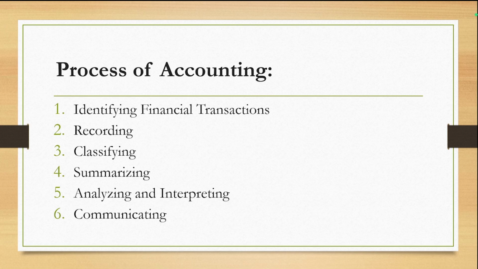ledger related to assets, ledger related to liabilities, ledger related to expenses, and ledger related to incomes. Now, after classifying, the process of summarizing will start. In summarizing, we keep all the balances related to different accounts.